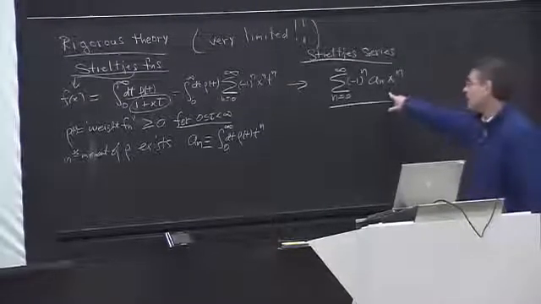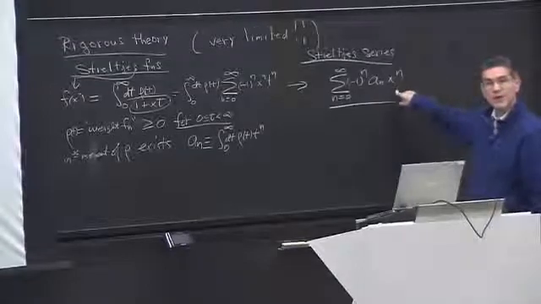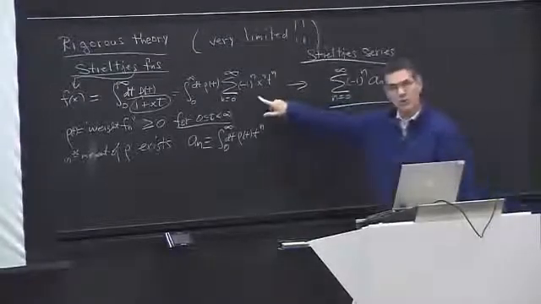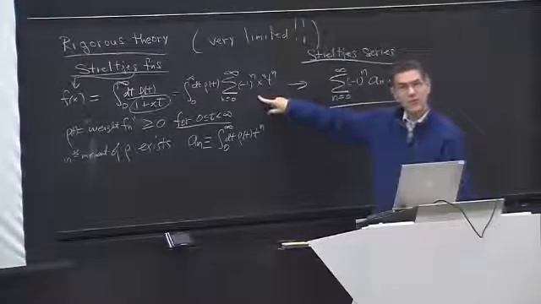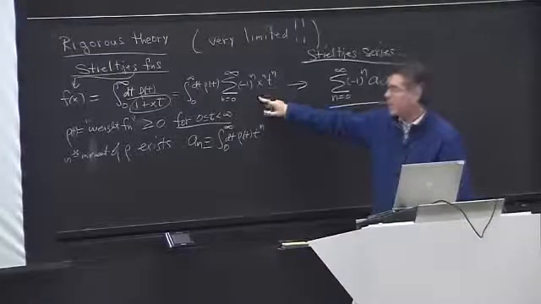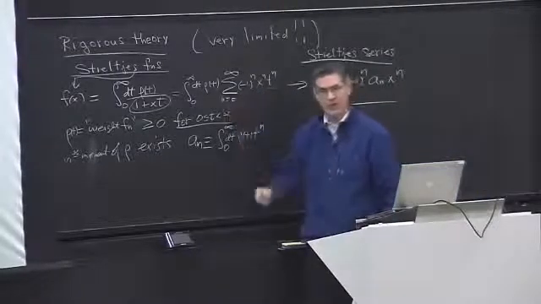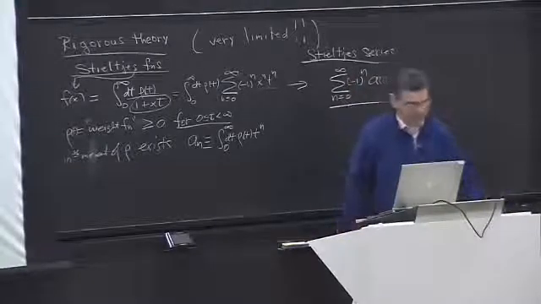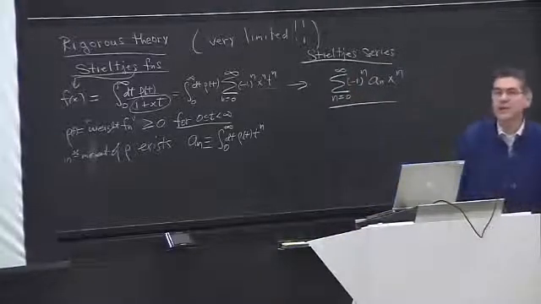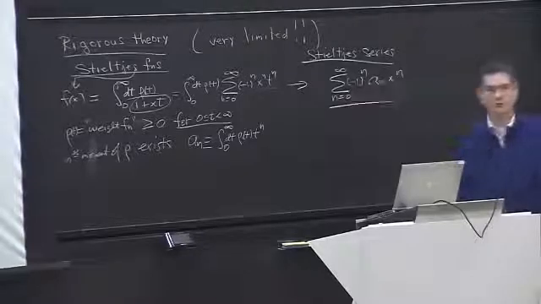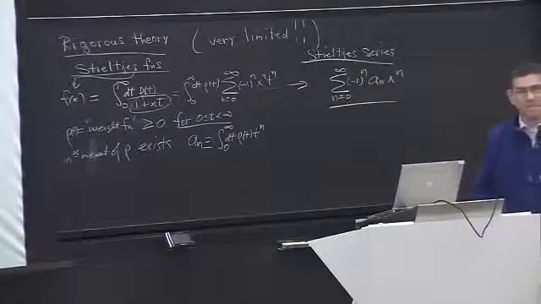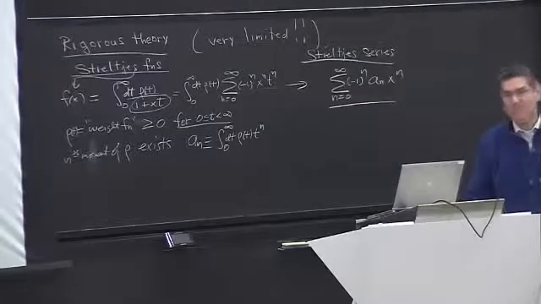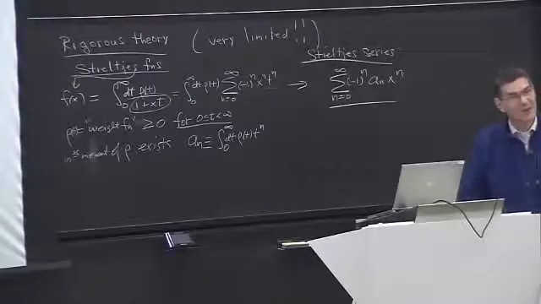This, of course, is a divergent series, because to get here we did something which in your freshman calculus class would be considered illegal, because we interchanged orders of summation and integration. You'd say that's an illegal operation, you're not allowed to do that. But we did it.